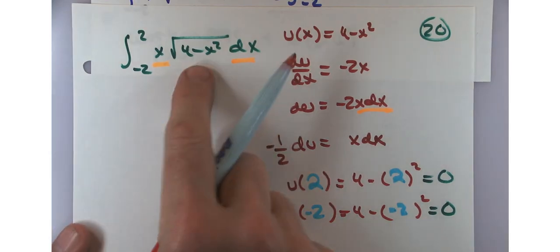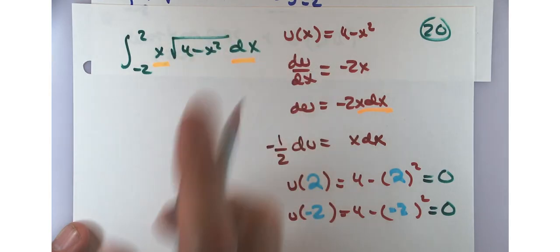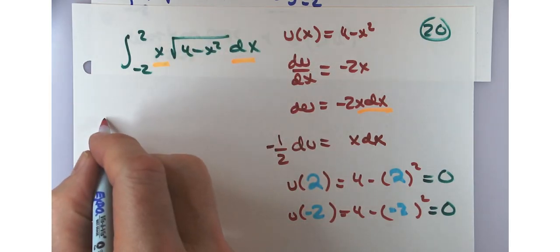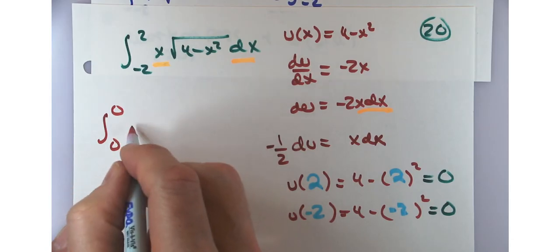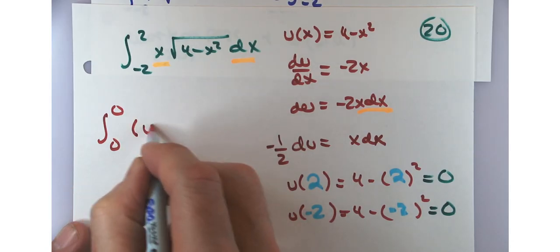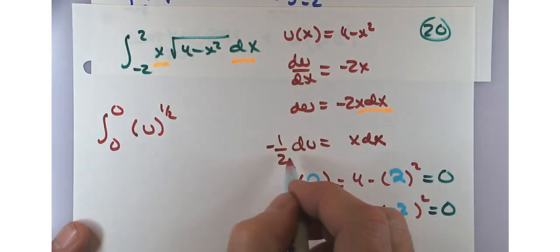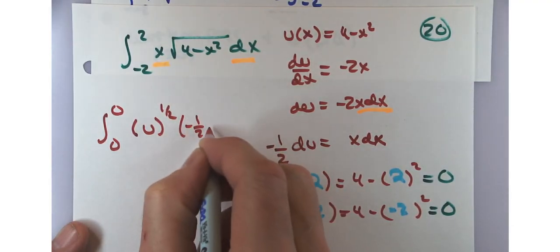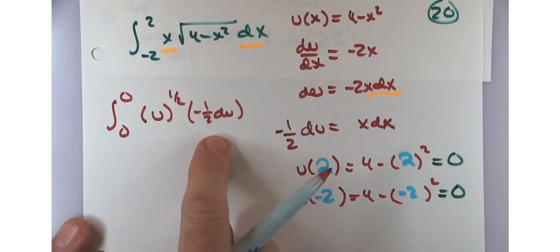I'm going to replace this with a u, and the square root I'm going to replace with something to the 1/2 power. So I'm going to go from 0 to 0 of u to the 1/2 power. Instead of x dx, I can write negative 1/2 du. That negative 1/2 can come out in front.